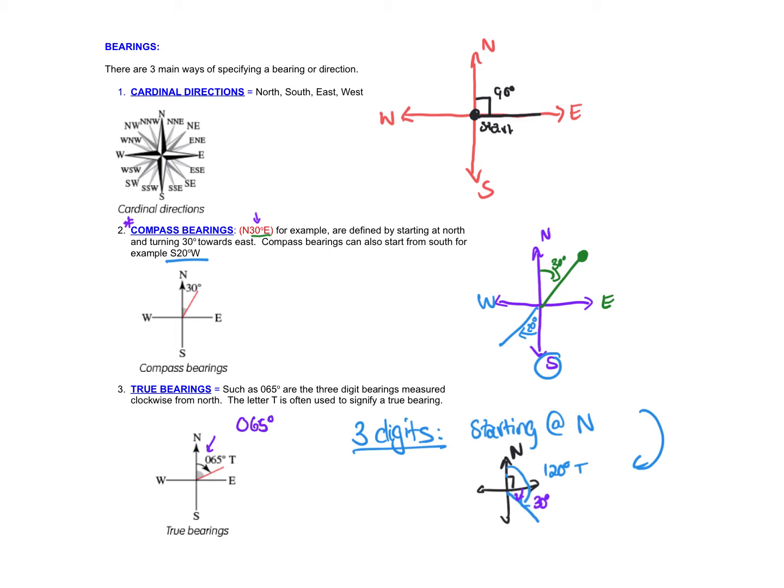So if it's under 100, you have to put a 0 in front of it, so be careful. They might put a T there, but generally they just got the 3 digits. It's okay as long as you've got 3 digits there. Don't worry too much about whether you put a T for true.